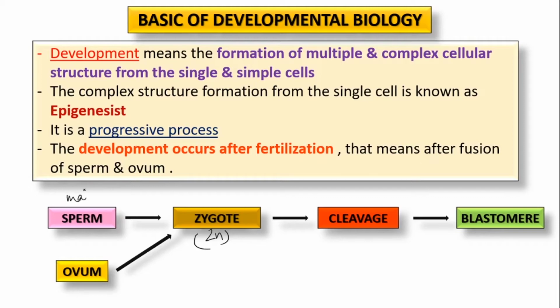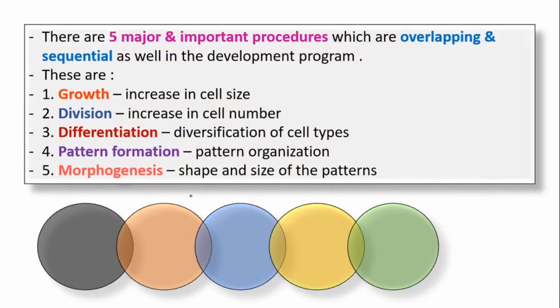Sperm is the male gamete while ovum is the female gamete, and gametes are haploid in nature, and from this zygote the entire living organism can be obtained. The entire developmental procedure has some overlapping and sequential steps.